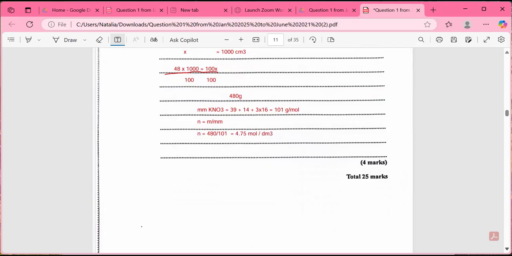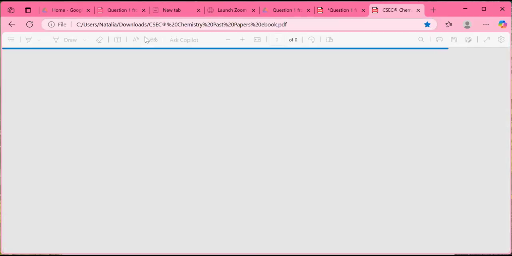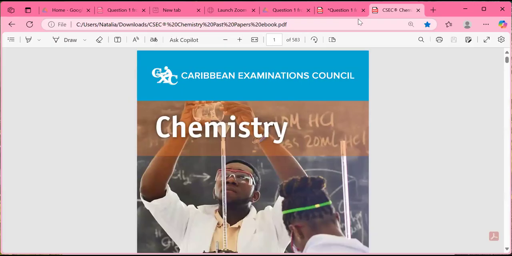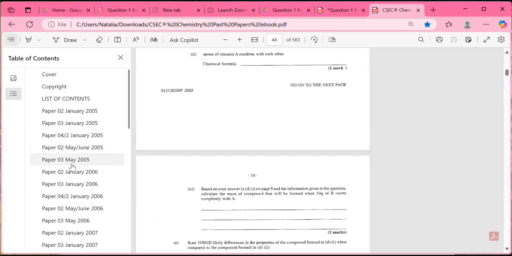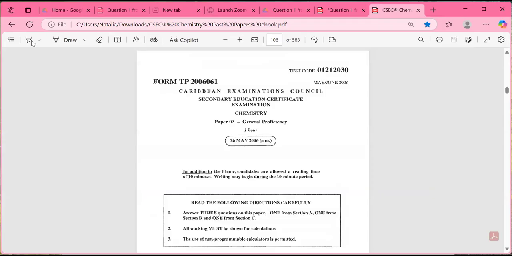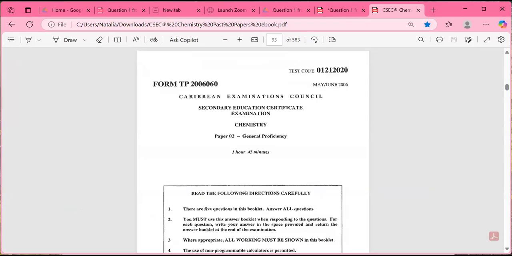All right, so this is not on my list of things to do, but because we're doing solubility, let's just do one. Vashel, you good? Yes, miss, I'm okay. I'm taking it from my exam that I did in 2006, Paper 2.